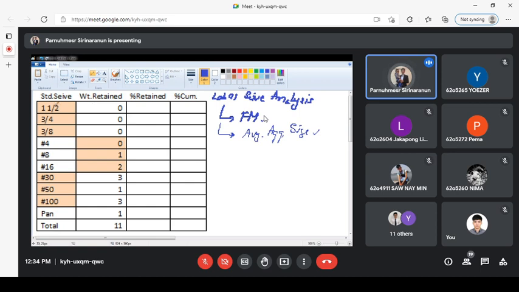For this example, last time you learned how to compute the percentage retained on each sieve. For this sieve, what should it be? 0, 0, 0. And how about this?